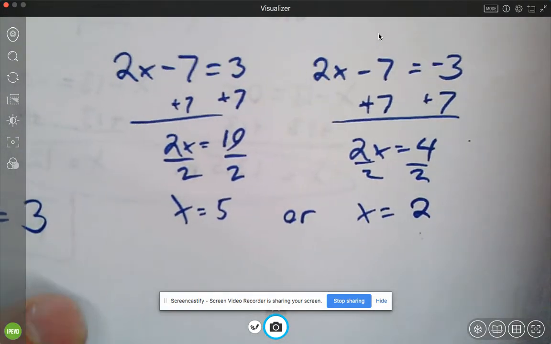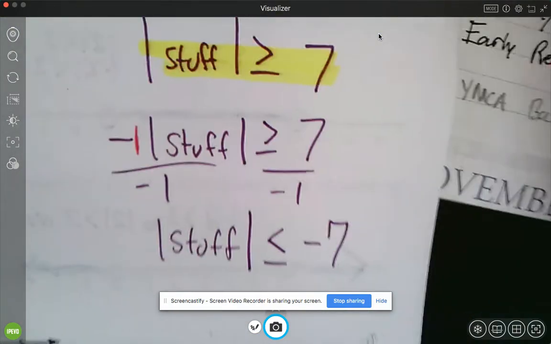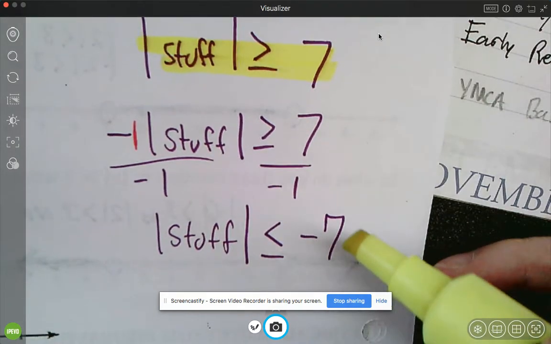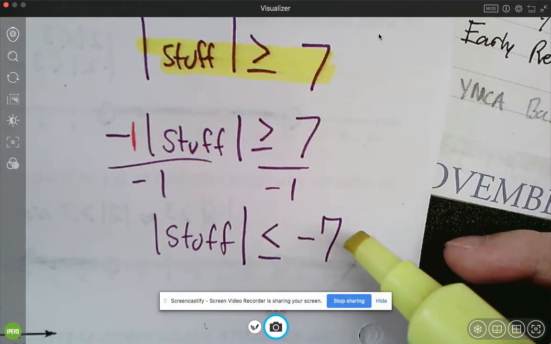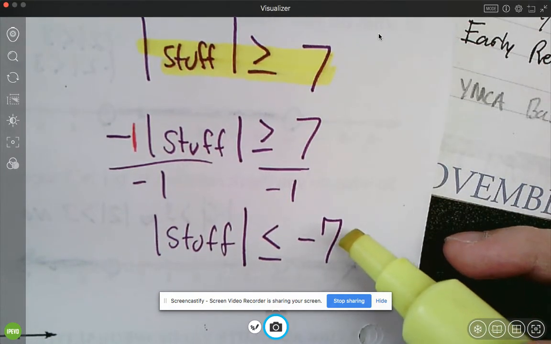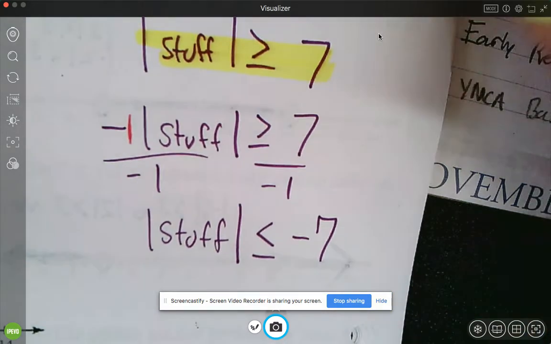It's the same thing with inequalities, except when you write the two equations, your second one, yes, you're going to make it negative, but for all the reasons I just explained, you're going to have to switch the symbol when you make the negative version of your equation.